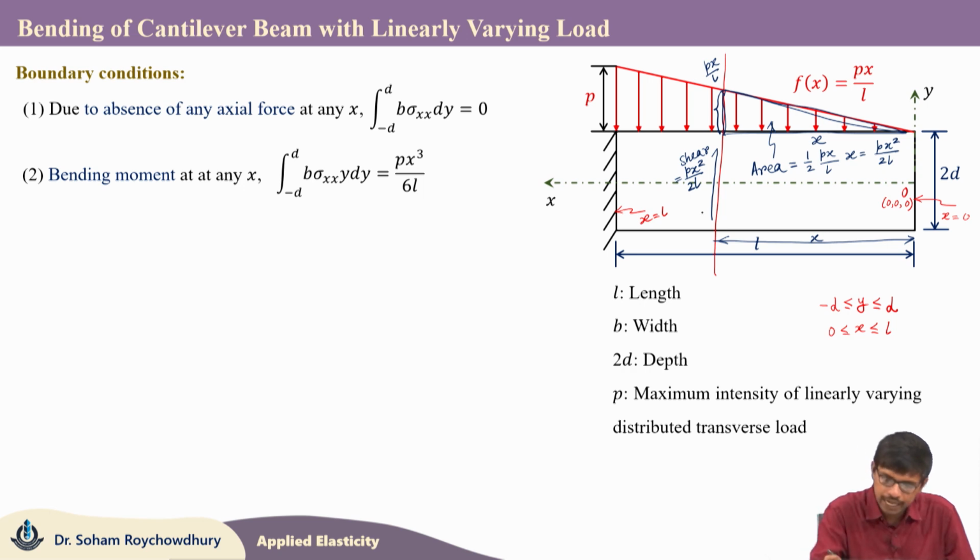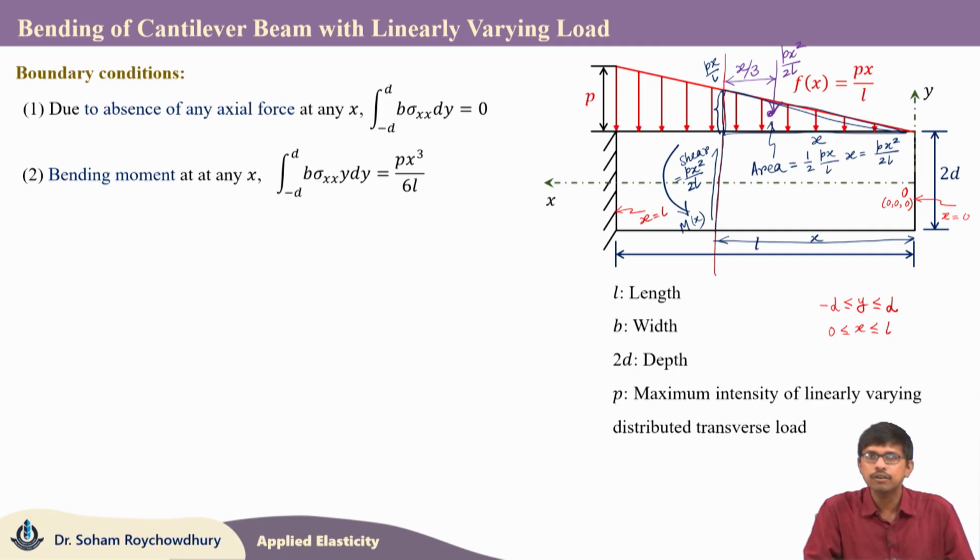Now, coming to moment, at this section some moment M x will also be there, which is basically the moment of this linearly varying load about this particular surface. That can be obtained by choosing the centroid. If you consider this triangle, the centroid of the triangle is somewhere here, through which this load p x square by 2 L is passing, and the centroid should be at a distance of x by 3 from the base of the triangle.